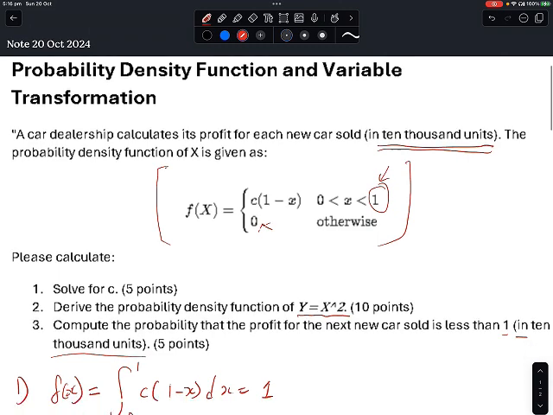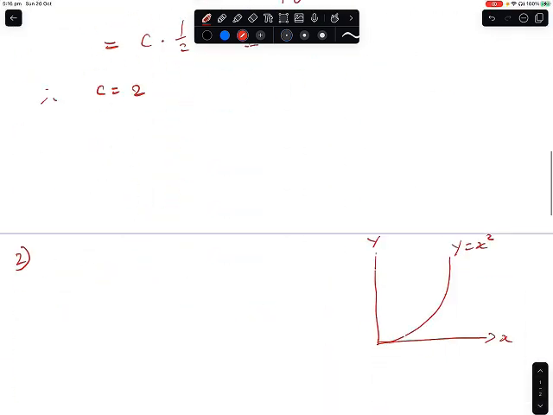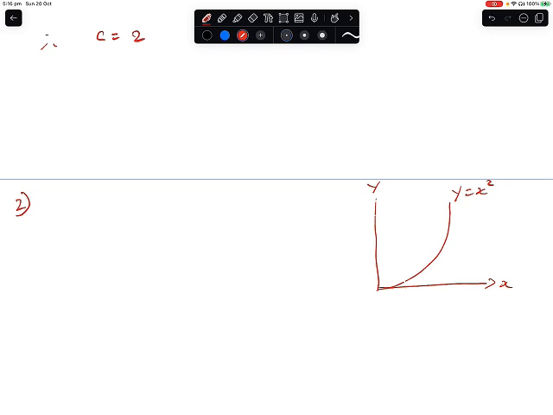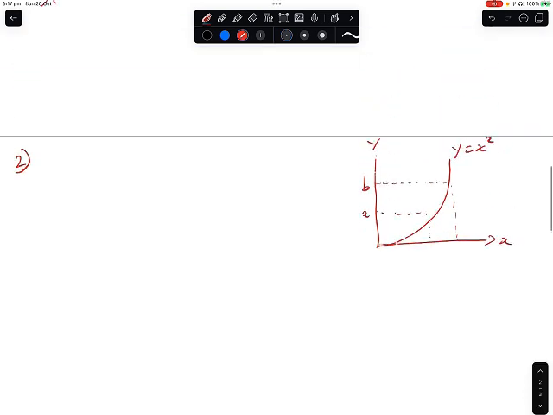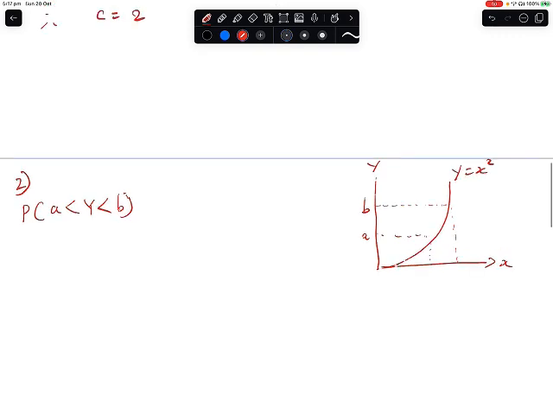Because x is between 0 and 1, but now we transform x into y, we can imagine that in this area, this is a and this is b, so that a is smaller than y and y is smaller than b. This is the probability of y. Because y is equal to x squared, here it is the square root of a and the square root of b.